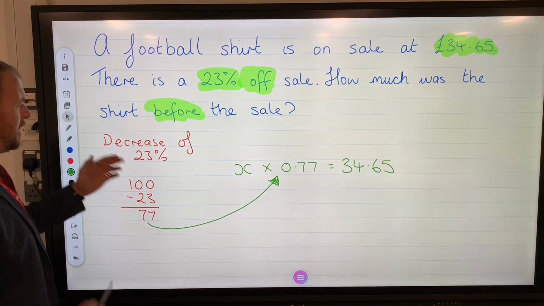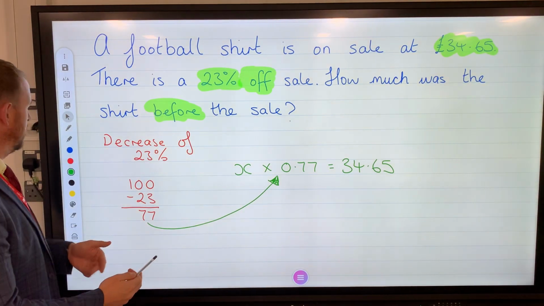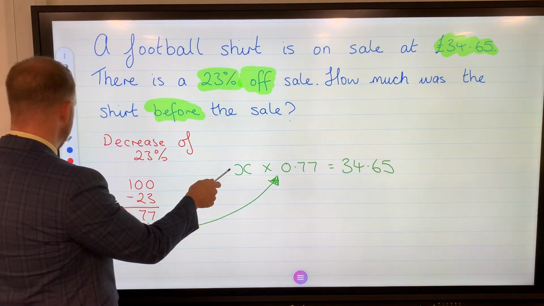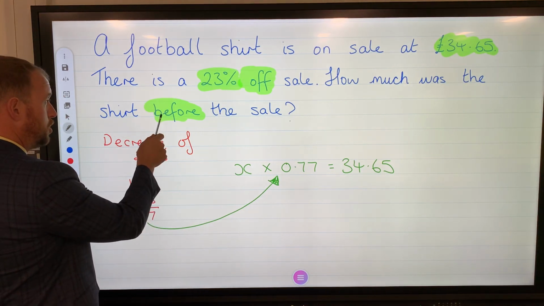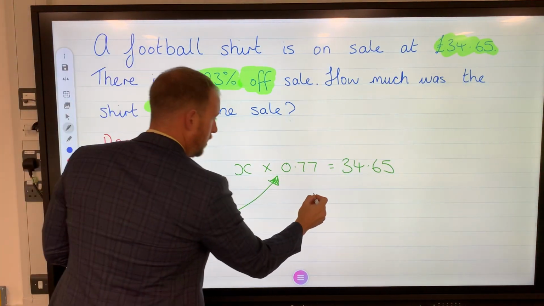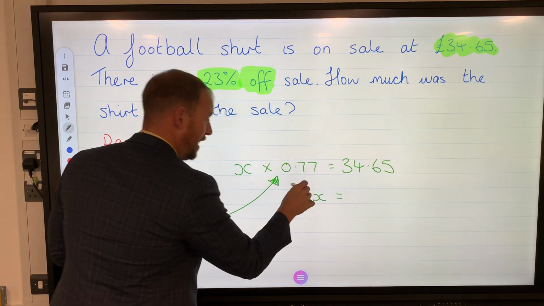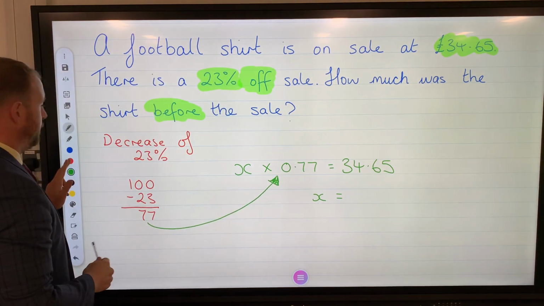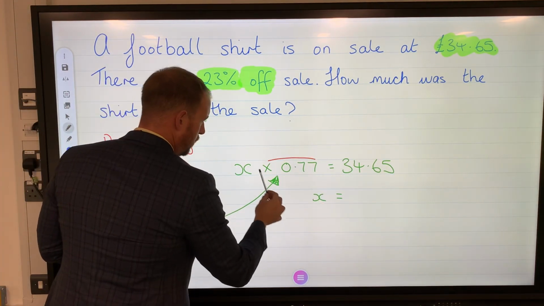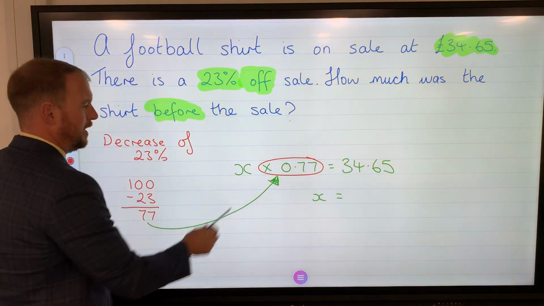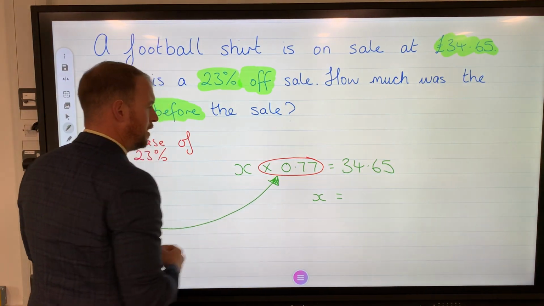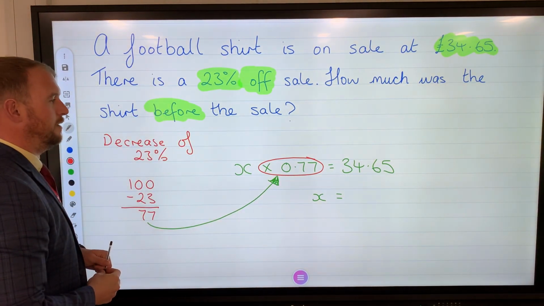So think about algebra now, think about equations. If I was to find the value of X, which is our shirt price before the sale, that is X, and that is what we need. So therefore, to work backwards, or to find the value of X, I need to eliminate this multiplied by 0.77.